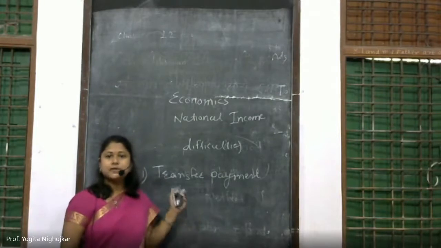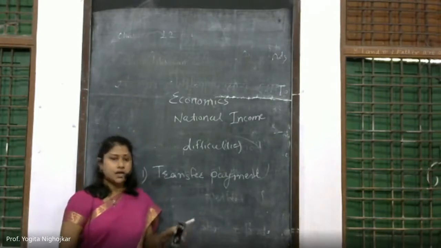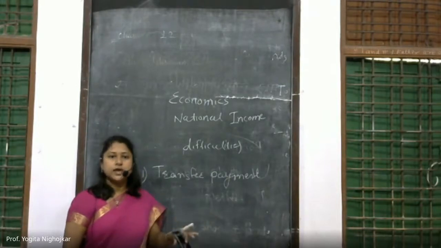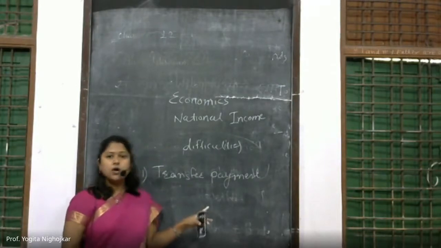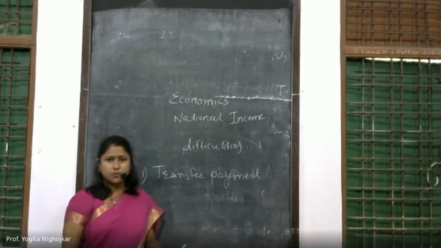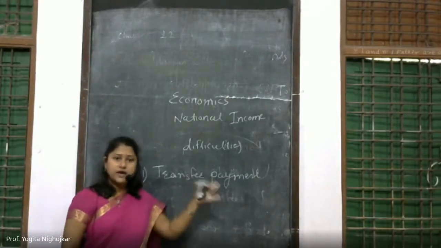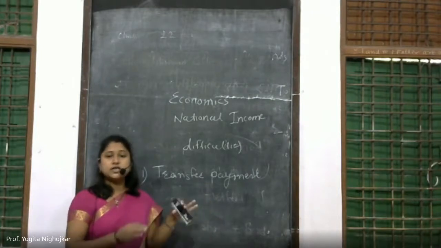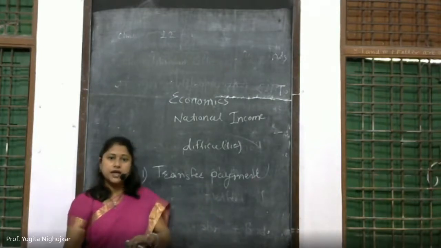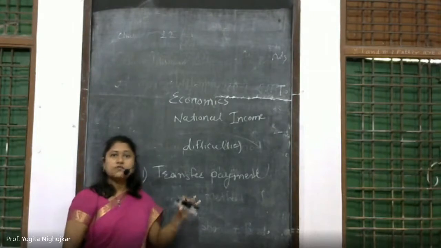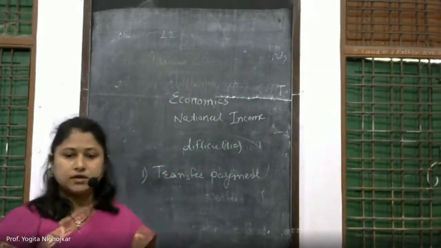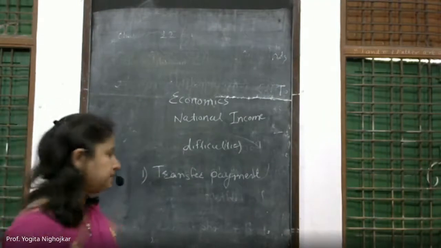Individuals get pensions, unemployment allowances, etc. But whether these should be included in national income or not is a difficult problem. On one hand, these earnings are a part of individual income, and on the other hand, they are a part of government expenditure. So it is very difficult to measure in national income.